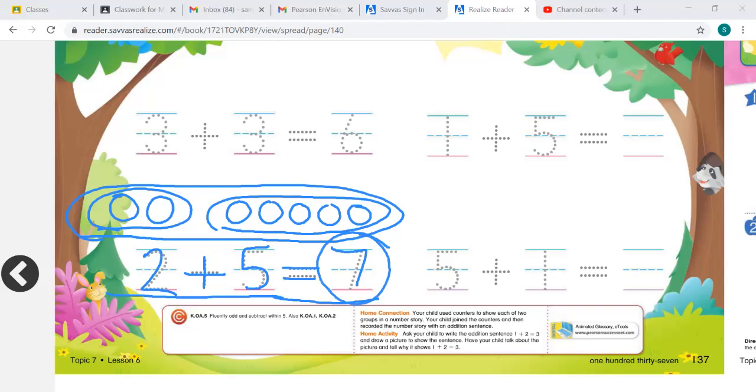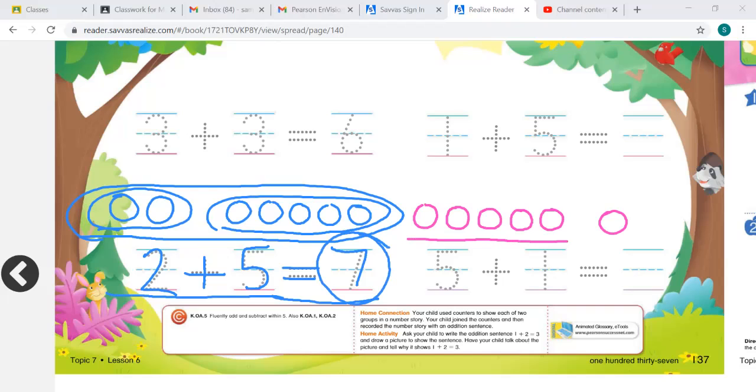All right, let's write another addition sentence. We are going to put 5 bunnies, so 5 counters showing 5 bunny rabbits playing, and then we have one more bunny that joins.